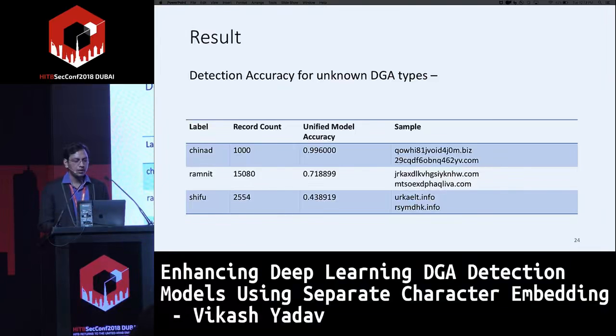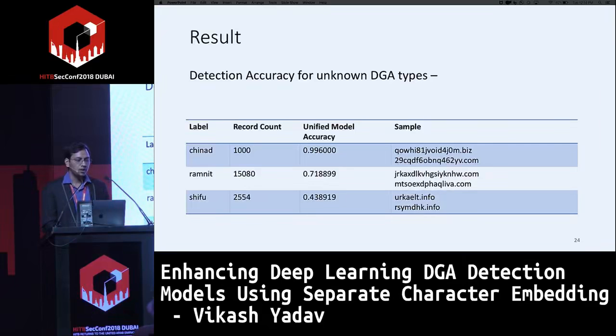But for the Shifu family, which is a DGA very different from what the model has seen in the training data, it's much closer to a benign good domain, because the length of the domain is very small. So our model didn't do very well on these types of DGAs.